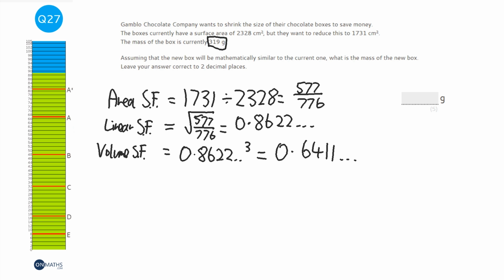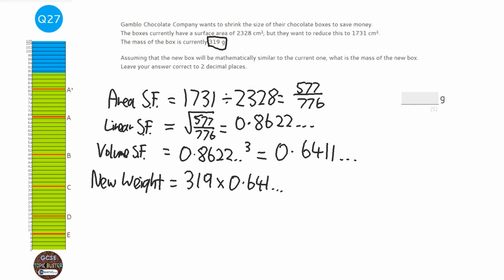Now the reason we need the volume scale factor is grams is a 3-dimensional thing, okay, so it's going to be involved in the volume. Yes, with volume normally it's centimeters cubed, but grams works the same way as centimeters cubed. So to work out the new weight, I'm just going to get 319, and I'm going to times it by that 0.641 blah blah blah blah.